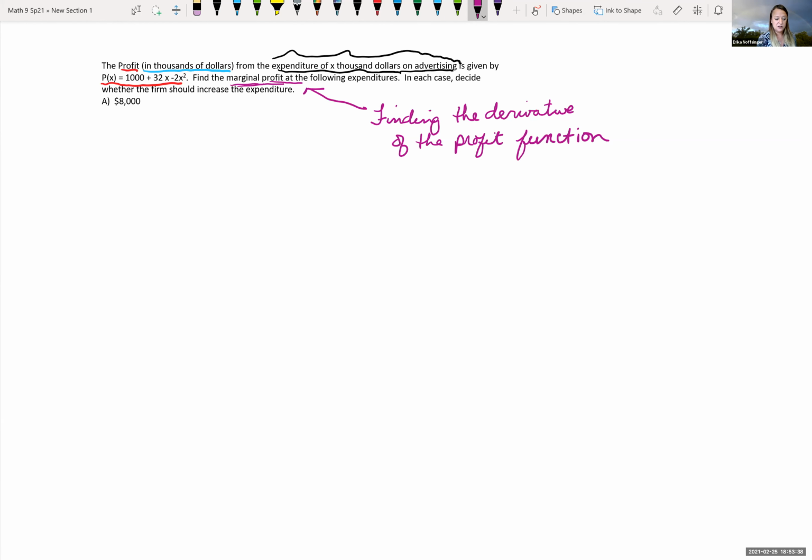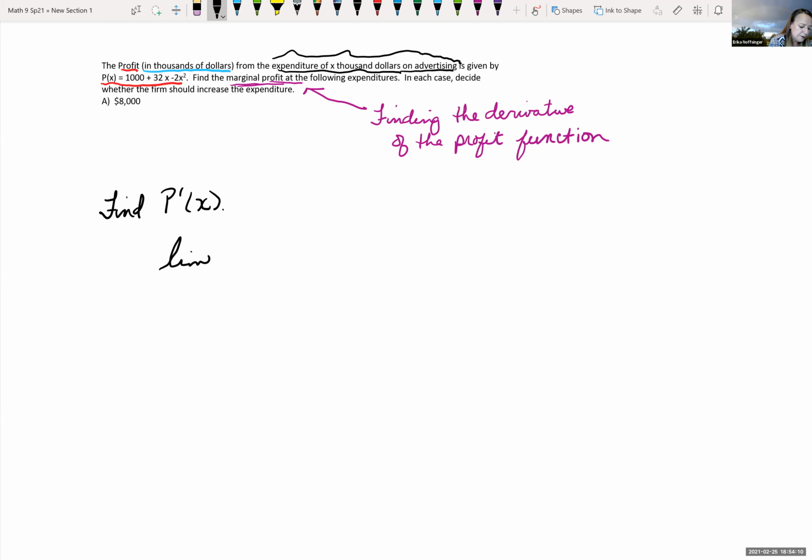Okay, so at $8,000. So we want to find P prime of X. So we're looking at the limit. Because I have multiple times that I'm plugging in different values of X, I want to first find the derivative of the profit function, and then we can use that derivative to answer any of the questions.